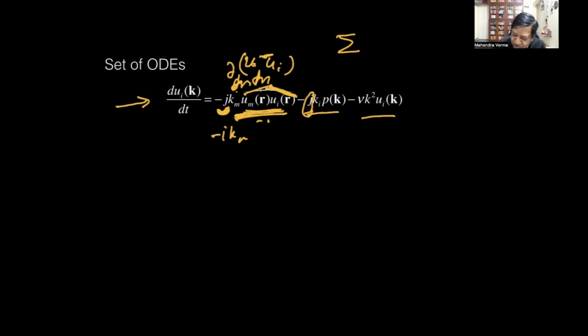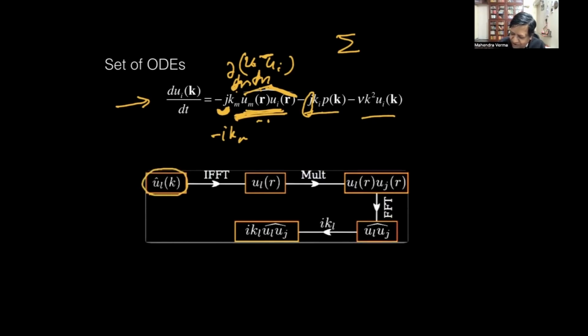If I use convolution, it will be very, very expensive. So we compute this using the fast Fourier transform. So we have the Fourier modes, inverse Fourier transform to real space, then multiply this with some other. So we have a velocity field, no? So one component with another component. So we have 9 of them, but because of symmetry, there are only 6.